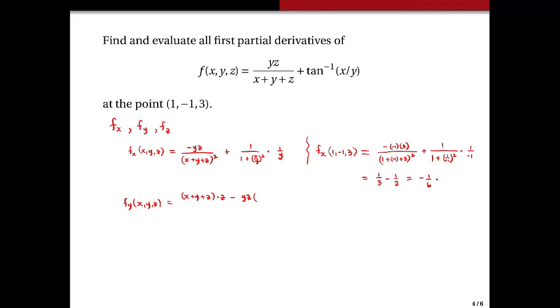That's just 1, because again, derivatives of x and z with respect to y are both zeros. And then we have the low here squared, x plus y plus z squared.